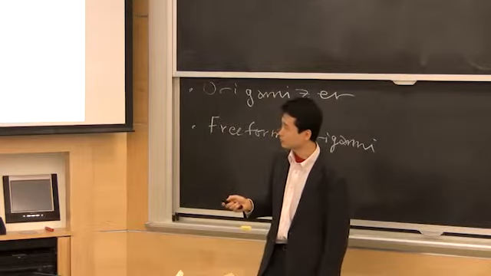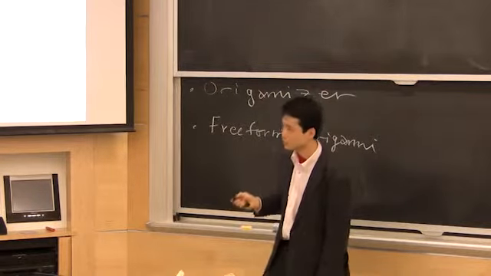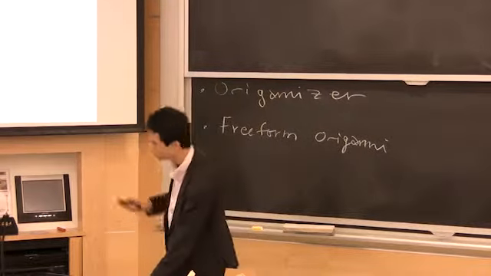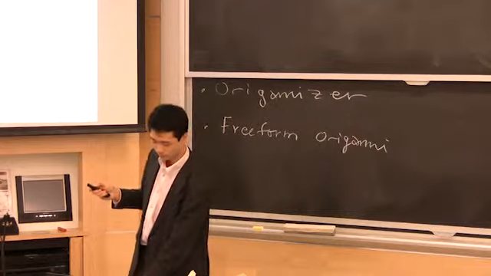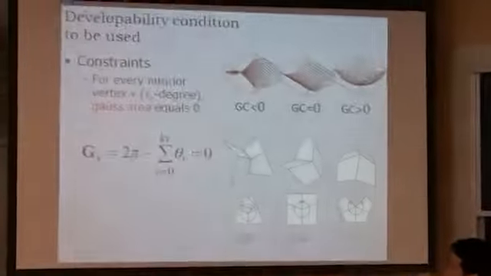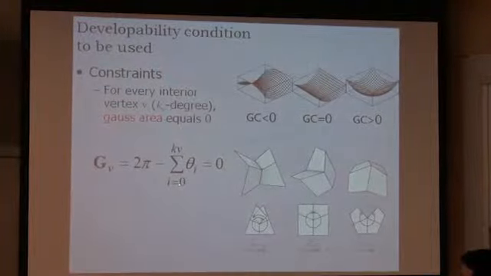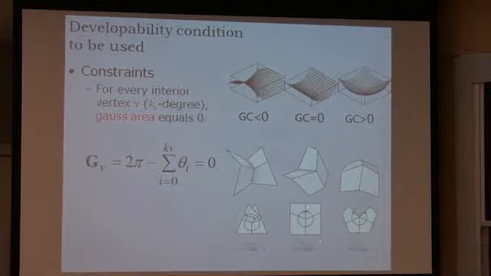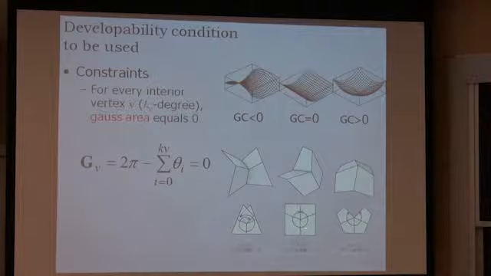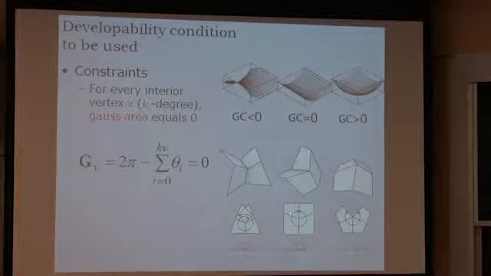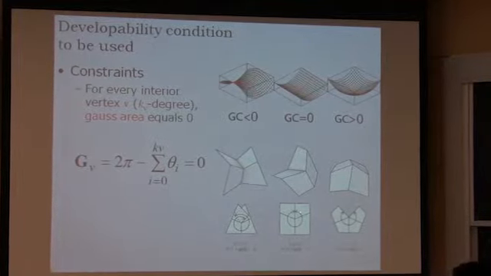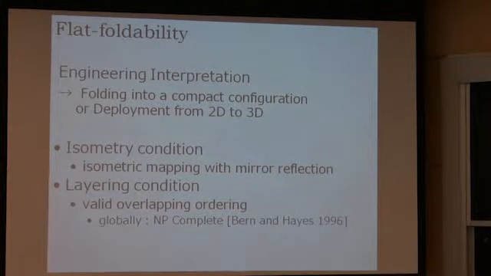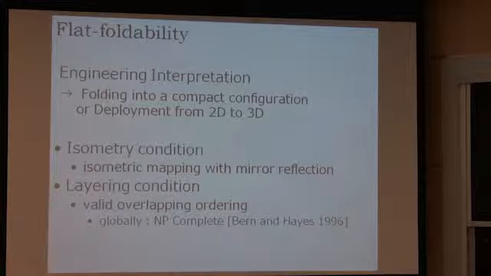But for the polyhedral case, we instead use the angle defect, which is represented by 2 pi minus the sum of angles around the vertex. It's a very simple way to express that it's folded from a plane. So this sums up to 2 pi. This is what you can use for developability.